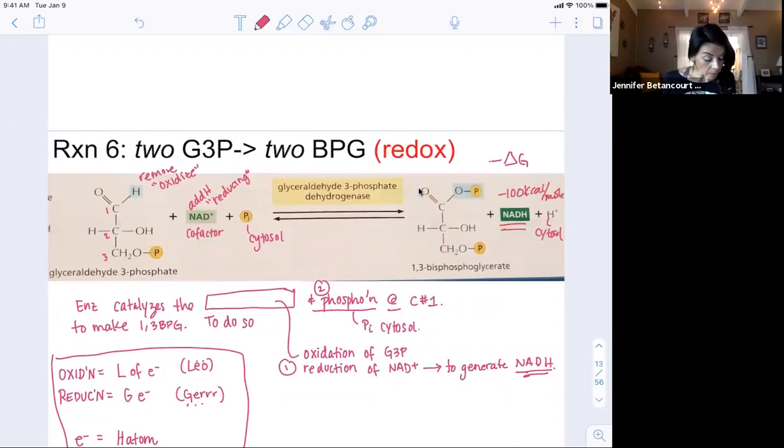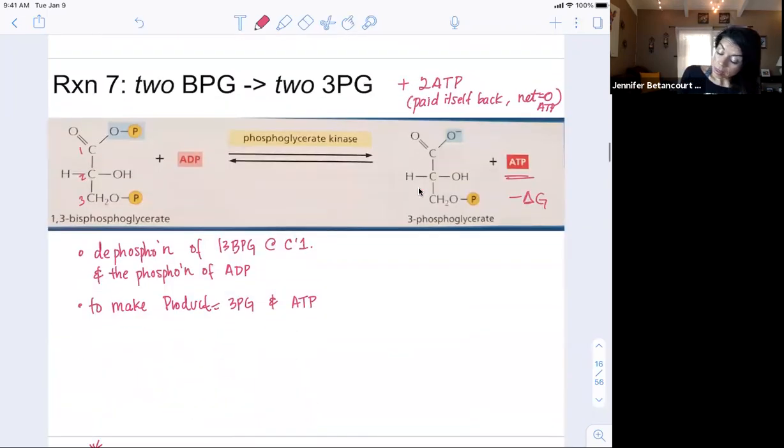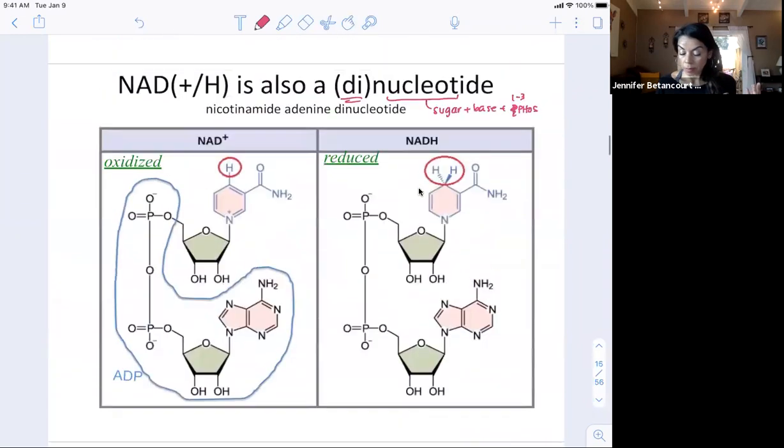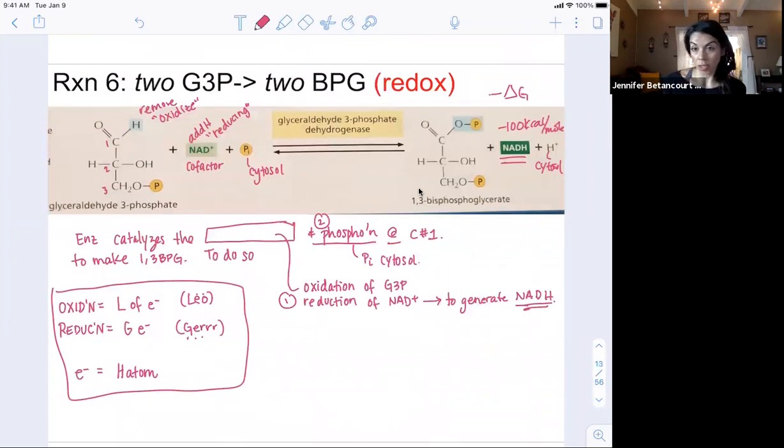The number isn't so necessary as is just comparing it to when you make a molecule of ATP. This is just about minus 25 kcals per mole. So reaction 6 is way more exergonic than reaction 7.